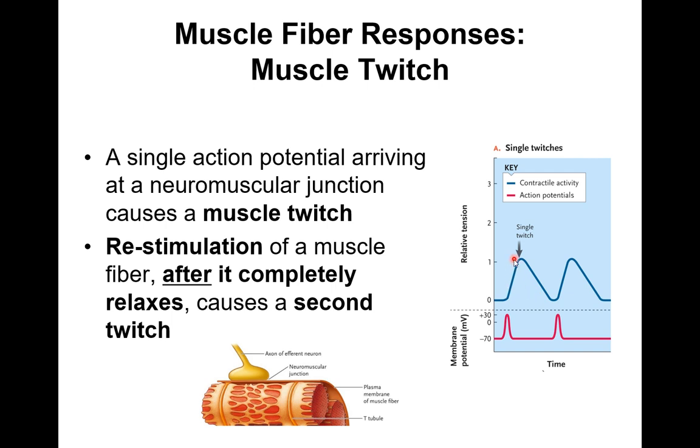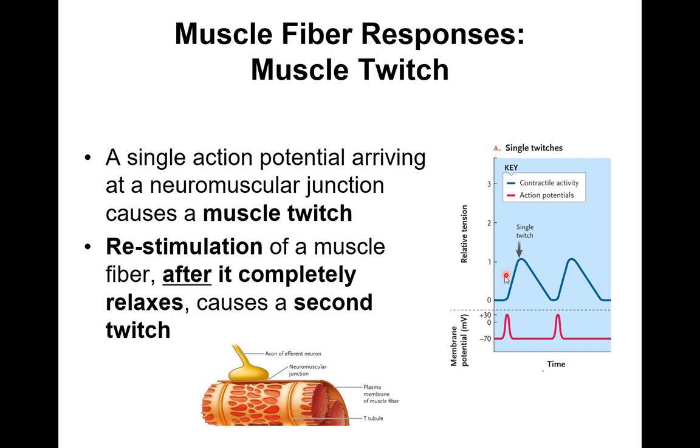Now these different twitches will be independent from each other as long as the stimulation takes place at a time that allows for this to happen. But sometimes you may have repeated stimulation of the same neuromuscular junction at a higher frequency, to a point where the second twitch takes place when the first one has not ended yet. Think about it.